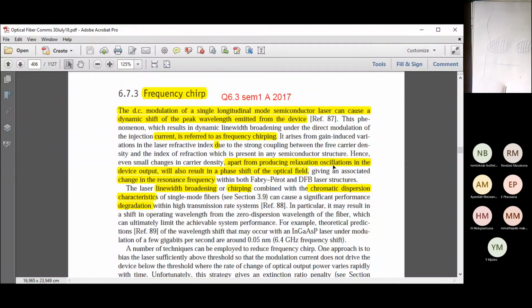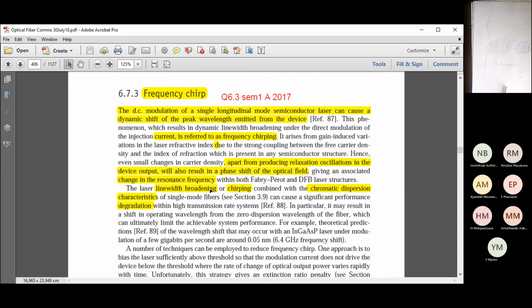So it's producing a regulation in the device output, resulting in a phase shift of the optical field. So there is a phase shift, and this phase shift is like a line with broadening in the frequency, right? And they call it chirping. You see now, this is where that word comes out. So chirping is when there's a line with broadening.